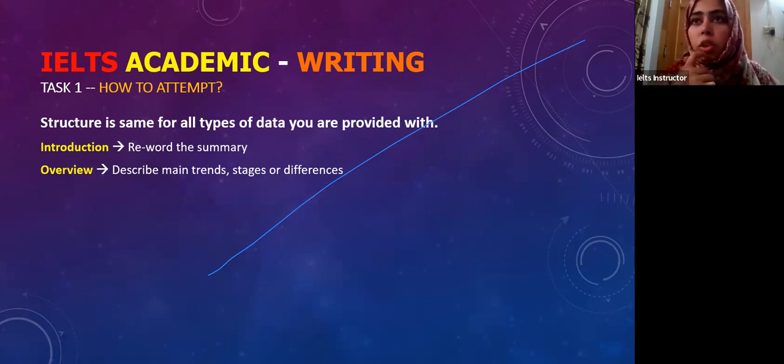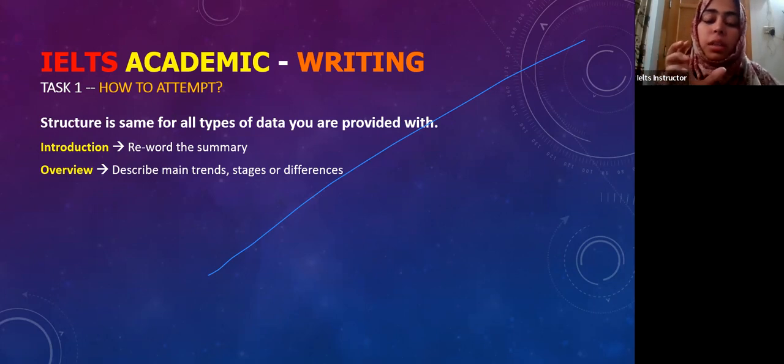For example, if they are talking about pollution in 2008 and 2019, and the difference over these 10 or 11 years, you can describe the overview as: we can see the difference in the countries' involvement in pollution in 2008 and 2019.